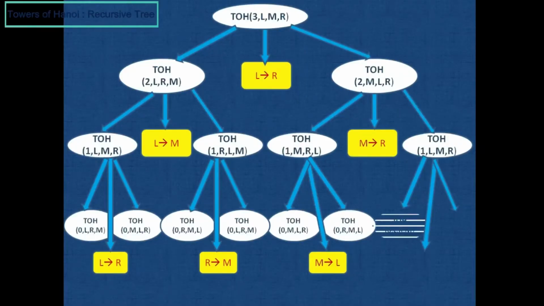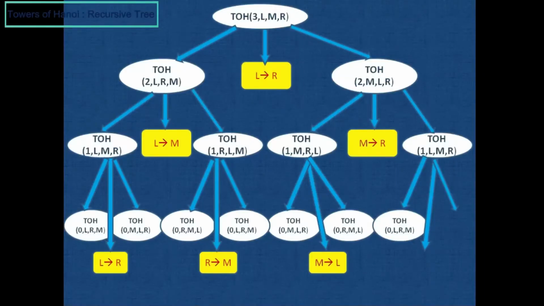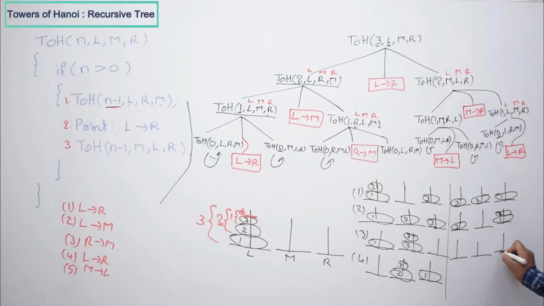Now here what is happening, what is it going to print? So here also if you observe L, M, R positions, L to R, L to R. So the diagram also, if you observe here, 1 is already there, 2 is already there at the R tower.